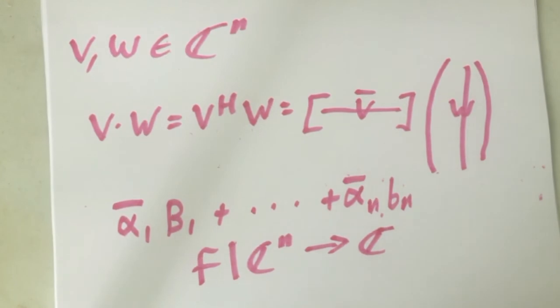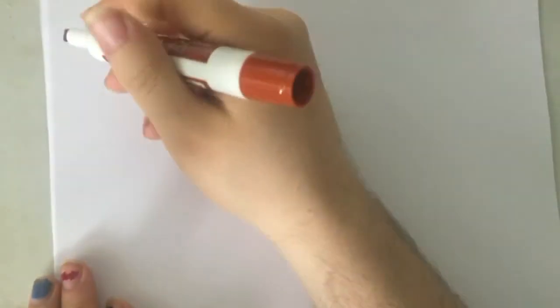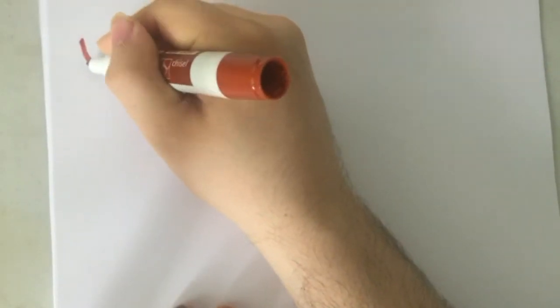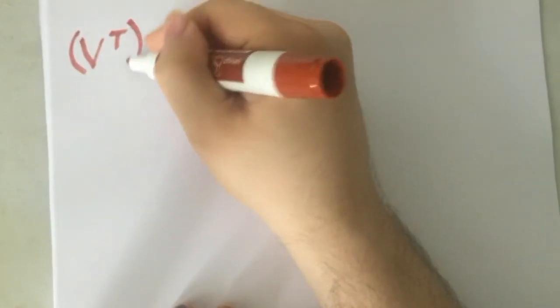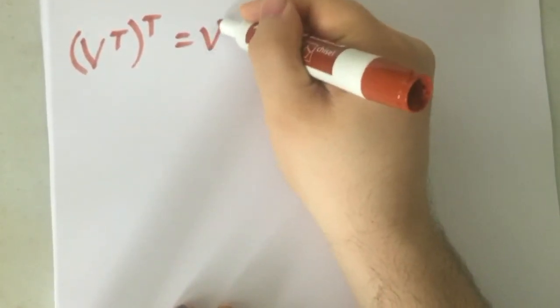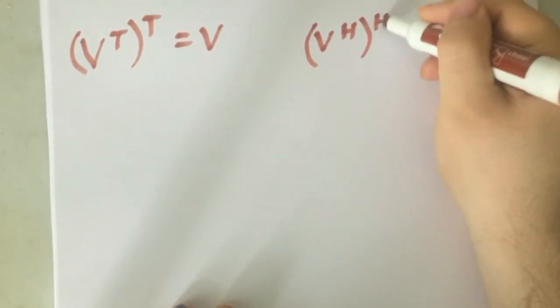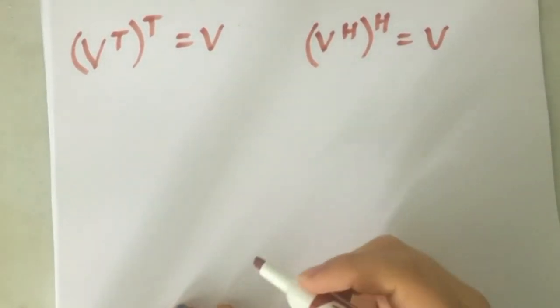It could be called the dual space of the vector space. At least if we look at those two examples of real and complex covectors, v transpose transpose is equal to v, and v Hermitian Hermitian is equal to v.